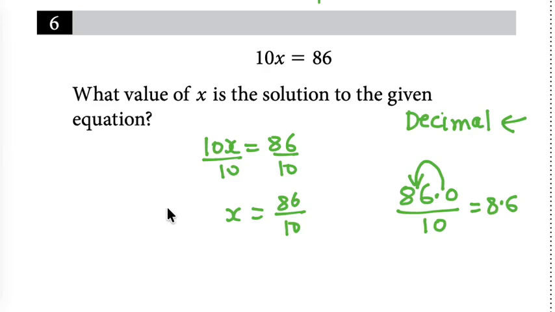Let's take another example. Suppose you have 86 by 100, right? So this hidden decimal is here, and because the denominator is 100, you will move it 2 points, so that will become 0.86. This question is checking this concept.